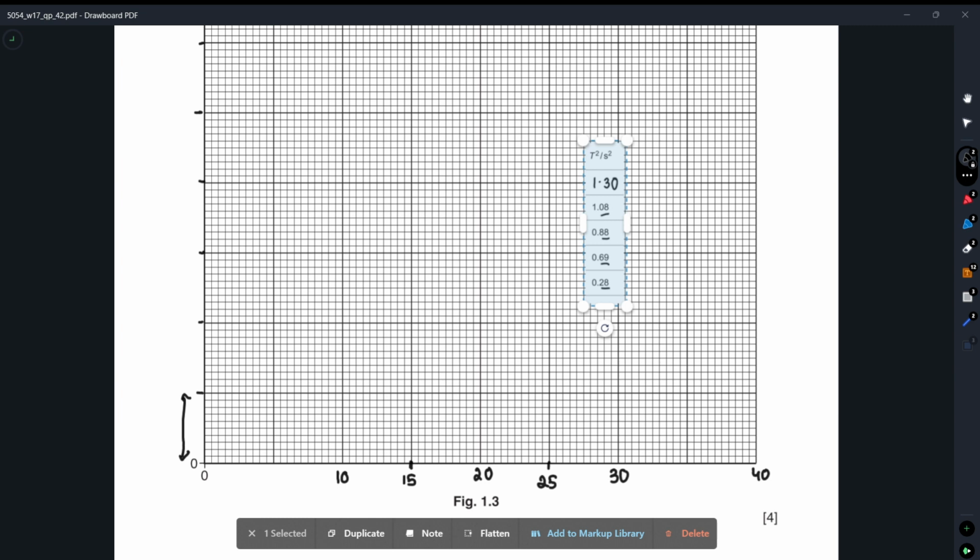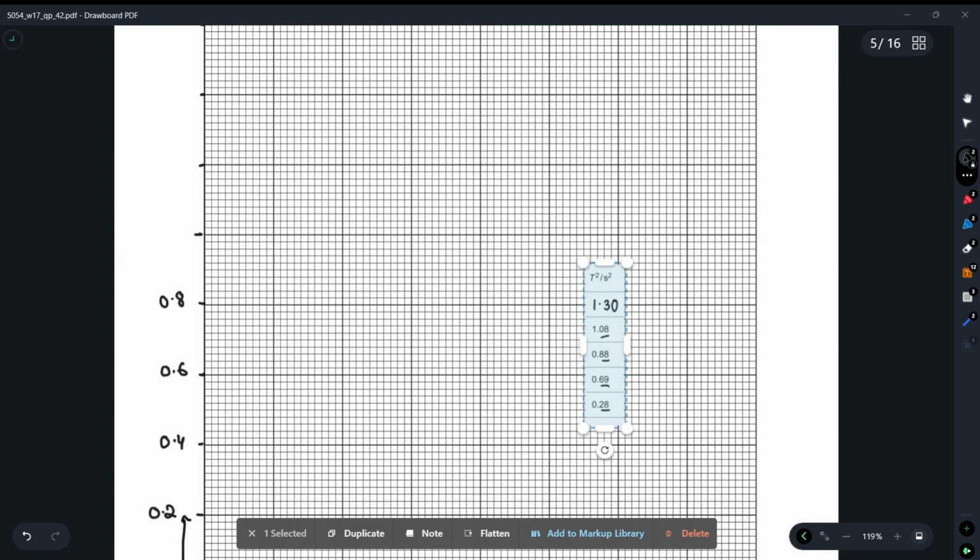Hmm. 0.14, 0.23, 1.1, and 1.3. Nah, there's nothing common. So we're gonna have to go with 0.2, 0.4, 0.6, 0.8.